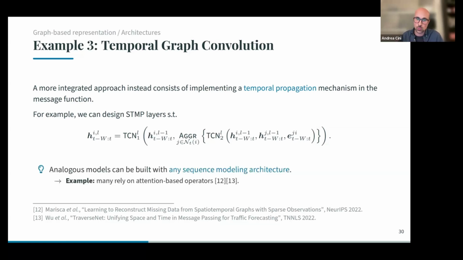Clearly, you can use whatever sequence modeling operator that you want. For instance, there are many examples of these kinds of architectures that use attention operators. And in this case, this will be a cross attention, since you will be computing attention between sequences of two different nodes.